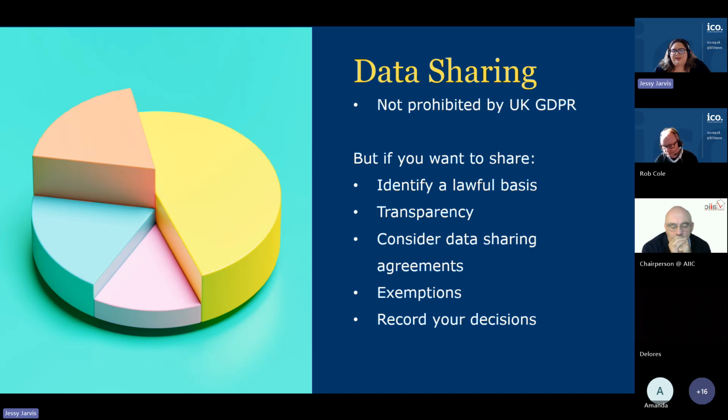It makes it clear to both parties, the controller and the processor, what the processes are and what to expect. You might come across some unexpected situations where you need to share data. There might be some exemptions that apply that allow you to do that, but you must always be able to justify and record your decision if you're doing any sort of unexpected sharing.